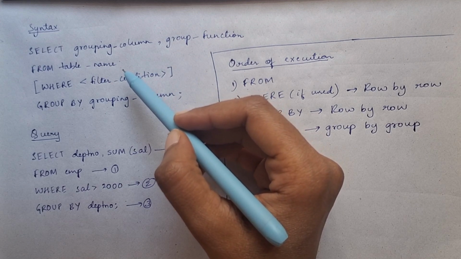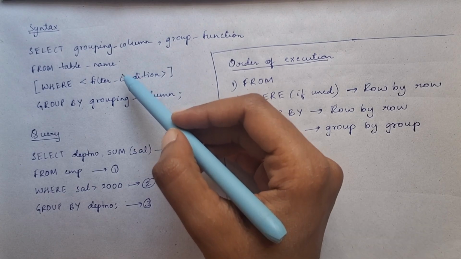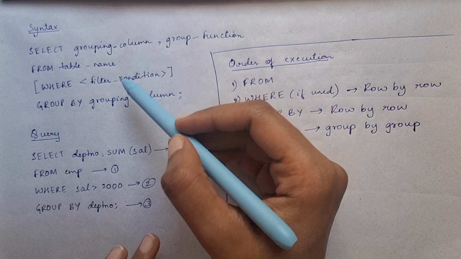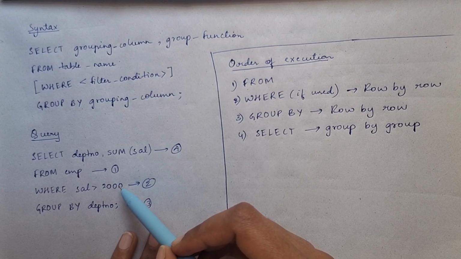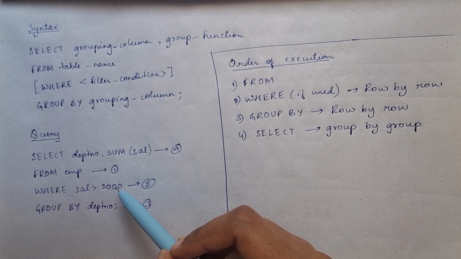So where always works on individual rows, not on groups. So guys, please understand this. Where filters the rows, not groups. Here, where sal greater than 2000 is a filter condition. It removes employees whose salary is less than or equal to 2000, and where always works on individual rows.